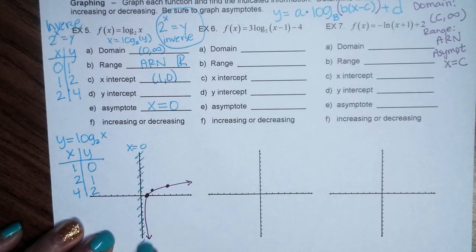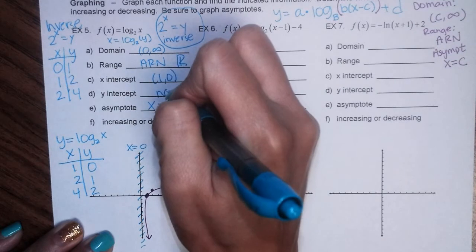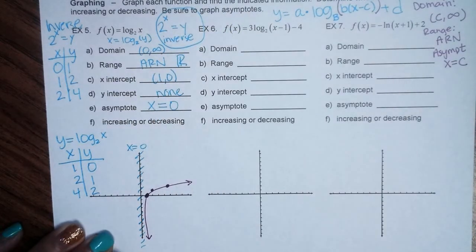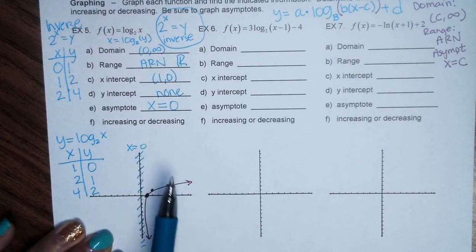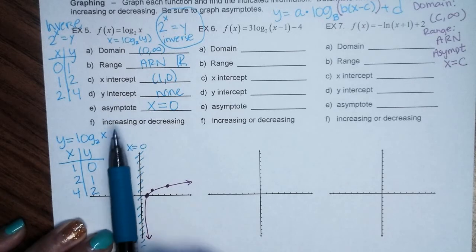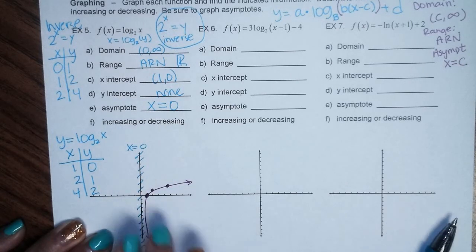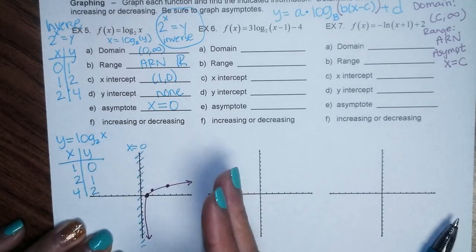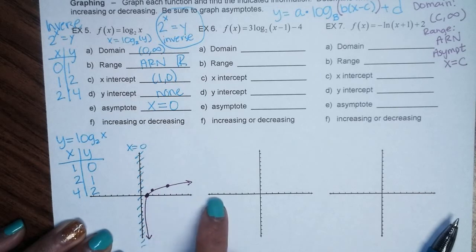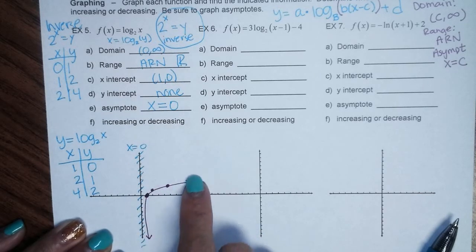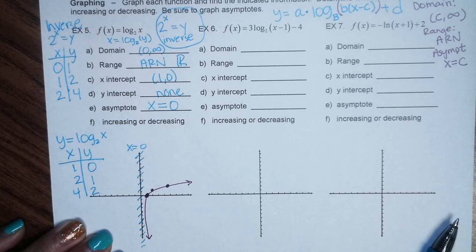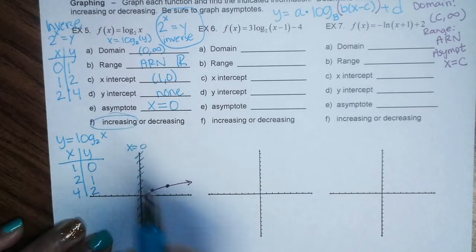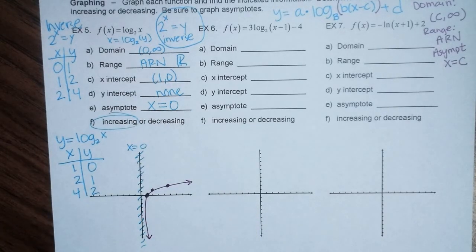And you can also see that there is no y-intercept because that's the asymptote. Finally, just like with exponentials, for increasing or decreasing you just look at your graph from left to right. As x gets larger and larger, the y values are getting bigger and bigger. So that's called increasing. And that's how I graph logs.